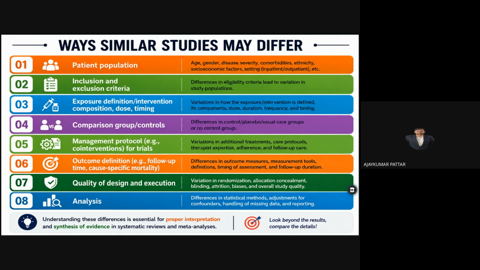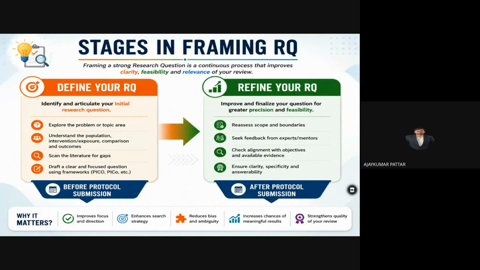We also discussed this. Then the stages of framing the research question: initially we define our research question, and later, based on literature search, we can also refine it, and make the registration in Prospero. I gave just brief information.